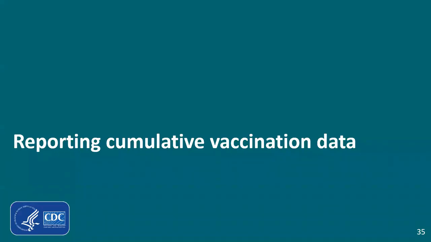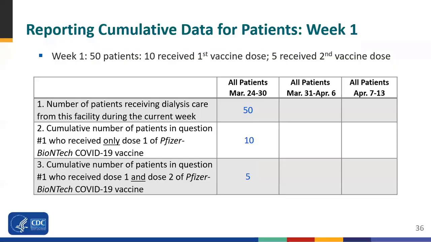So now we'll review how to report cumulative COVID-19 vaccination data in more detail. In this example, the facility starts with 50 patients receiving care during the first reporting week. 10 of those patients have received dose 1 of the Pfizer COVID-19 vaccine, while 5 patients have received dose 1 and dose 2 of the Pfizer vaccine.